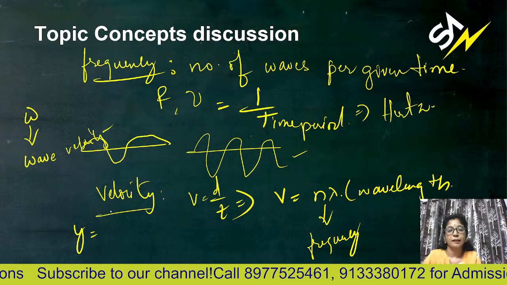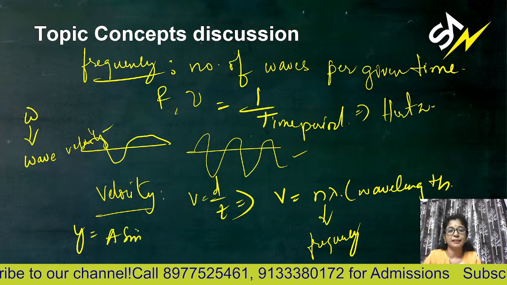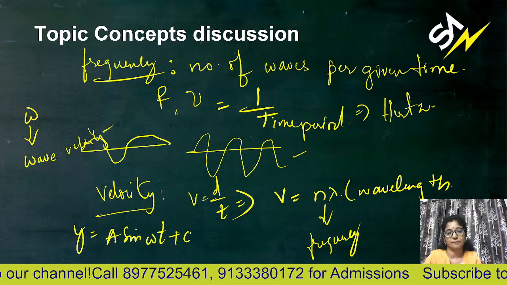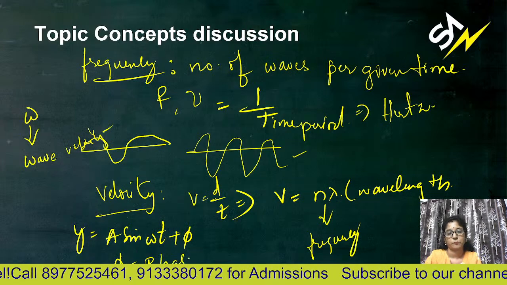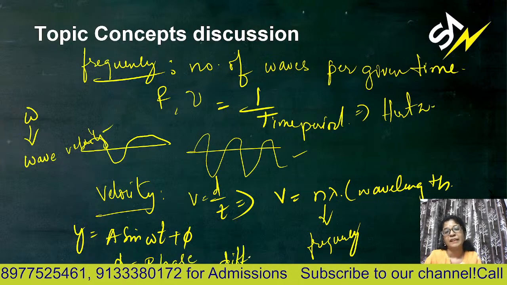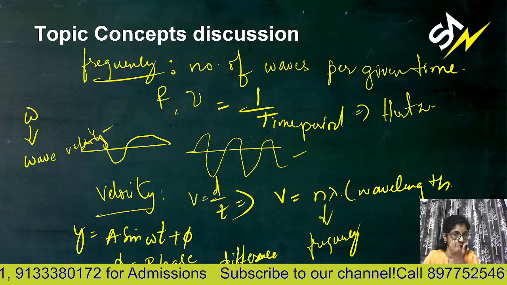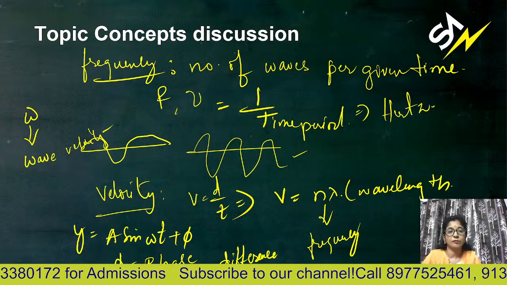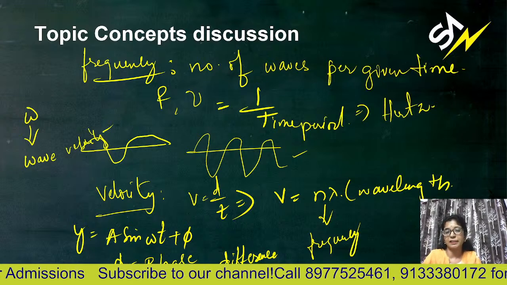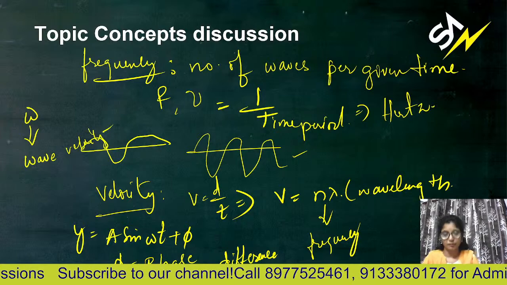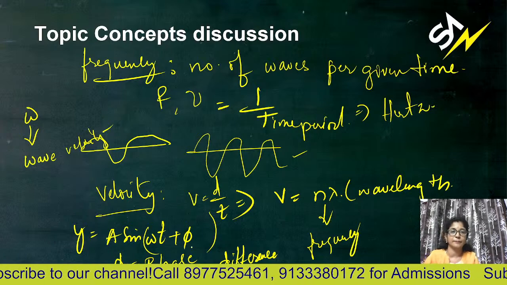In terms of omega, you can write y equals a sine omega t plus phi. Phi is nothing but the phase difference. This is the simple equation I wrote. You can take y equals a sine omega t plus phi, and for two different waves, even the cosine can be involved.